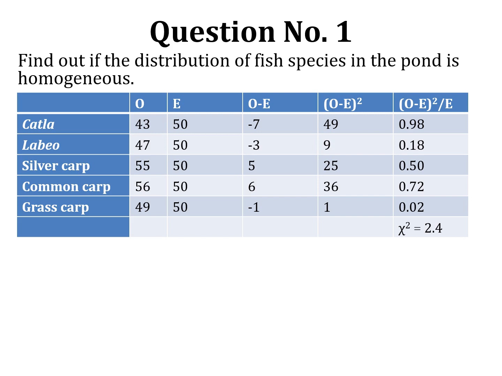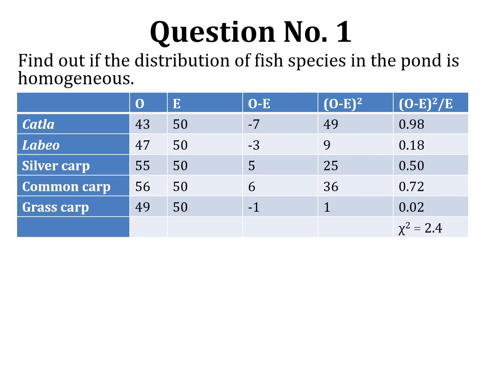First is the answer for catla, which is 0.98. That is the square of the difference between observed and expected frequencies divided by the expected frequency of catla, which means 49 divided by 50, and the answer is 0.98. For labio, the answer is 0.18.